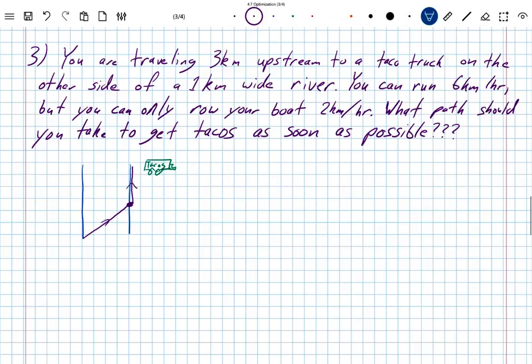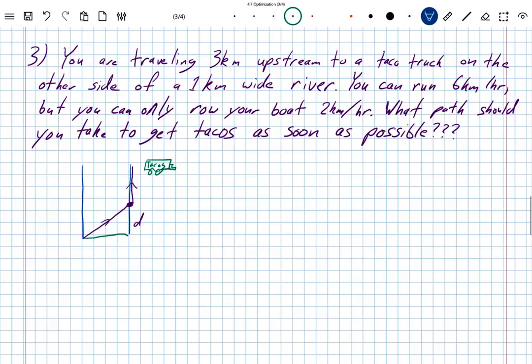So to describe that, as a modeler, I need to come up with some variables here. Let's just call this variable right here d for distance. If I know d, I know my whole path. So let's go ahead and label a few more things here.